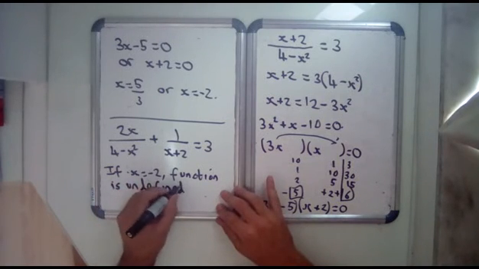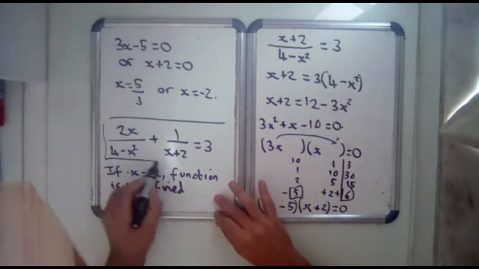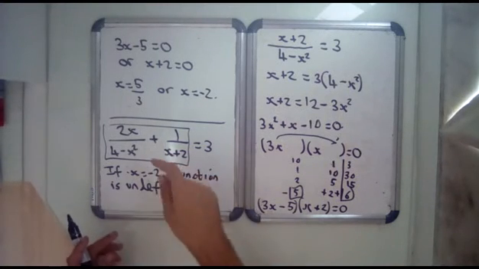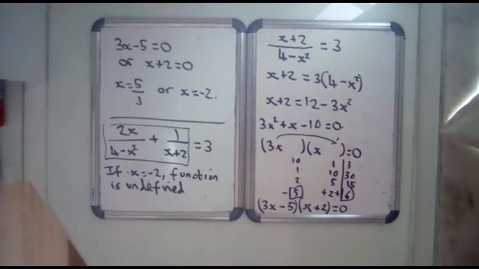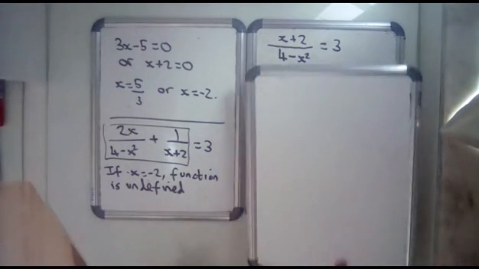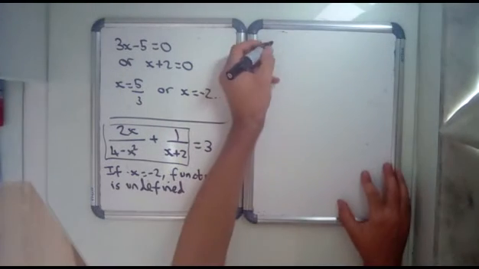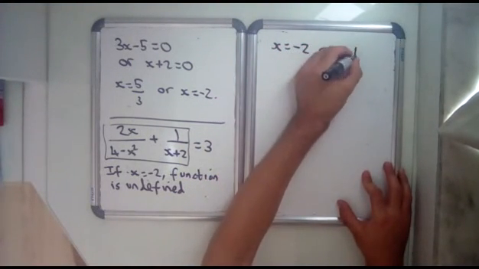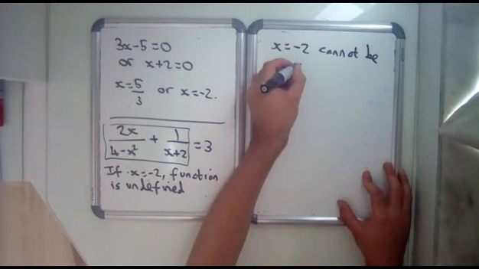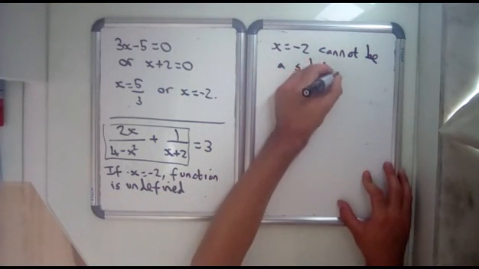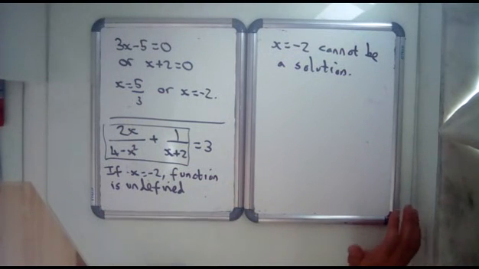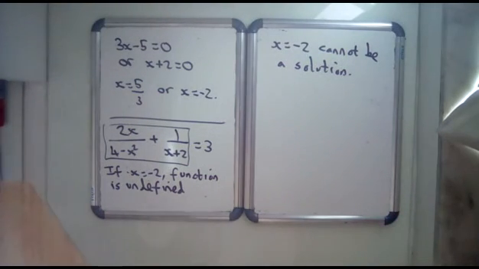When I said function, I mean as in this left-hand side, call that a function of x. If x takes the value minus 2, the function is undefined, so x equals minus 2 cannot be a solution. Okay, now the rest of it we've been asked to use the GDC to verify.